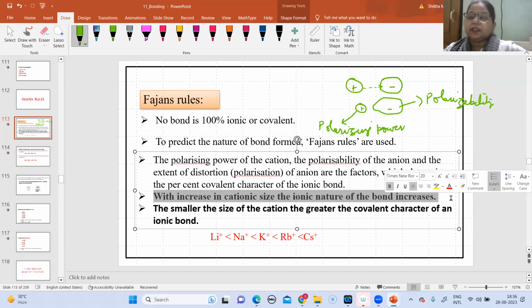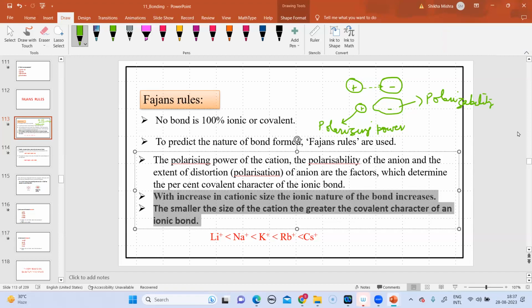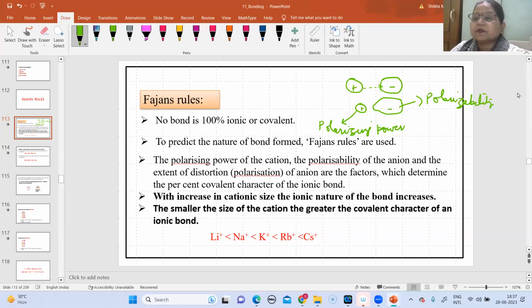Smaller the size of the cation, more will be the covalent character in an ionic compound, right? So both statements are here for you. You must remember how the polarization of an ionic bond changes with the size of the cation and anion. Is it clear to you, Shweta? Yes, ma'am. Okay, everyone else is also clear, I believe.